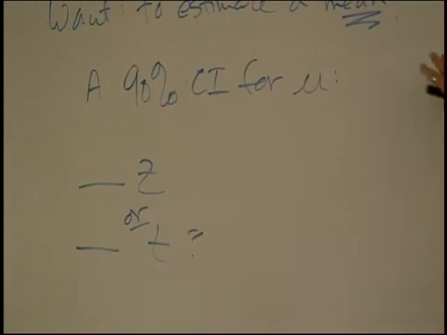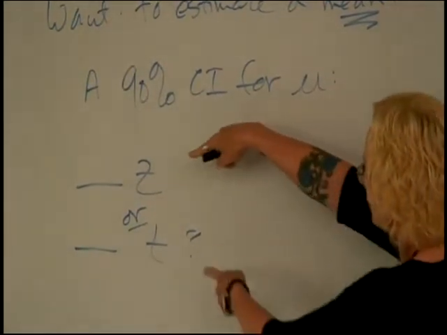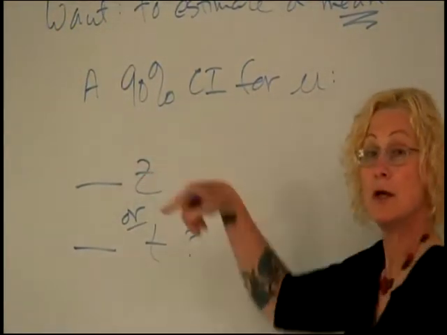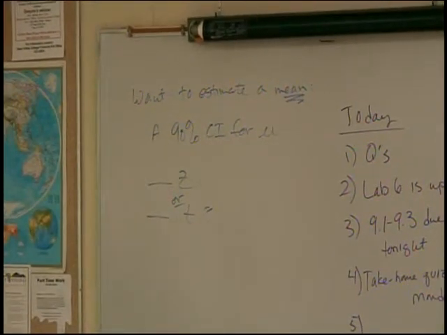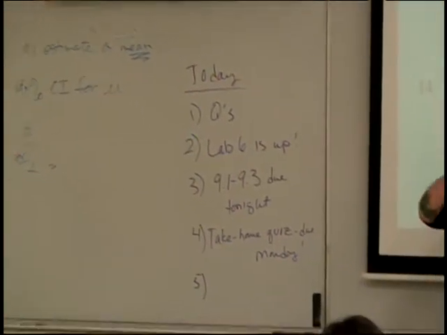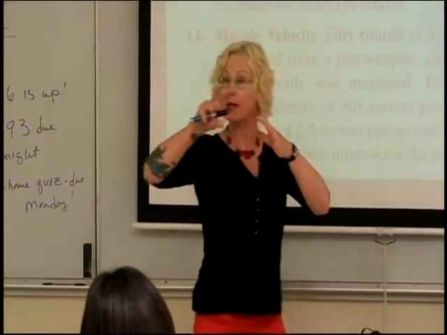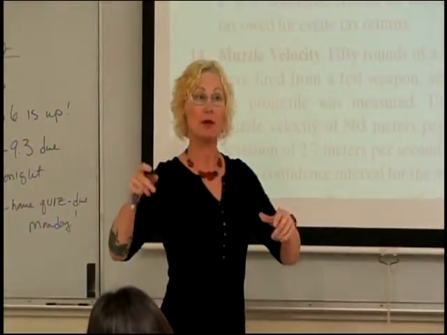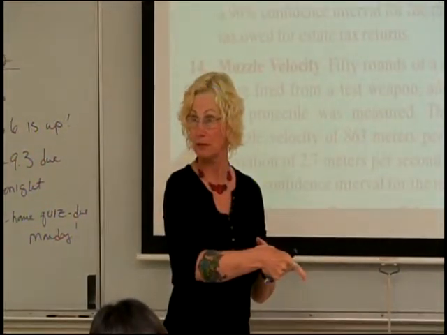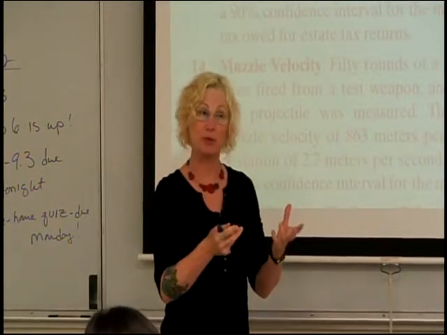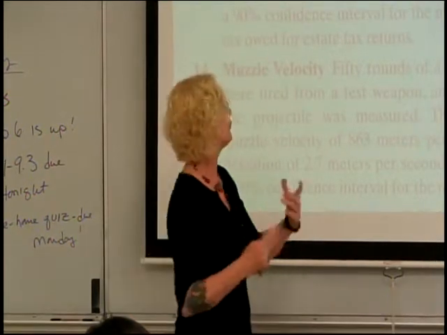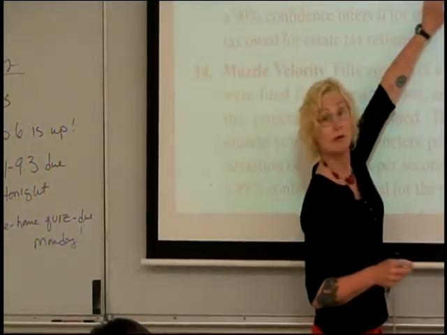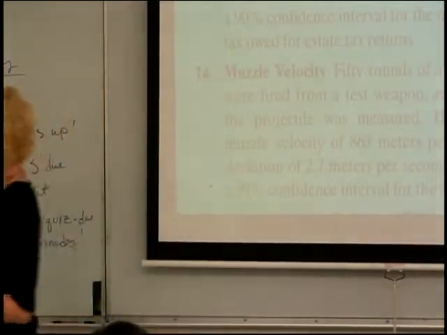Your next question is Z or T: what kind of standard deviation do you have? If the problem does not say population standard deviation or sigma equals, you're going to use T. Do not make that assumption. In this case it does, so we use Z interval.